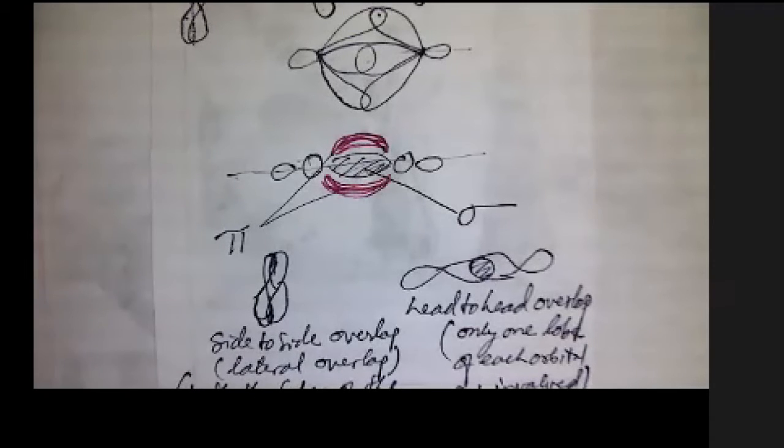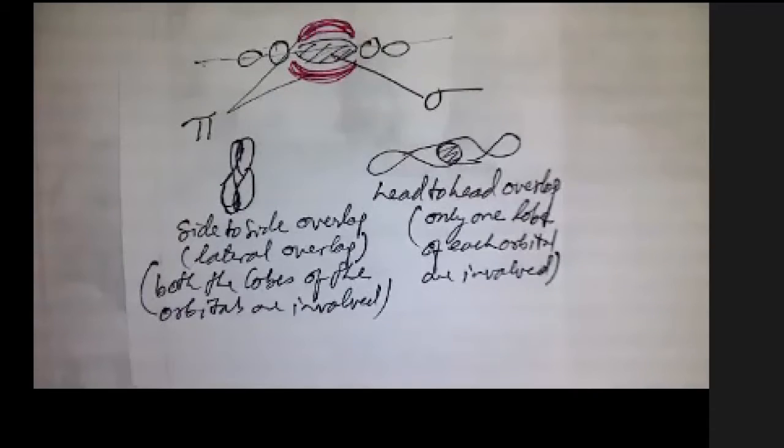Isn't it? In sigma bond, head to head, and only one of the lobe is involved, means one of the lobe overlaps. In case of pi bond, what will happen? It is side to side overlap, or you can also call it lateral overlap. And here, both of them, both the lobes are involved.